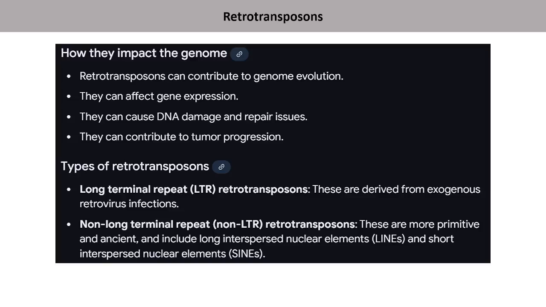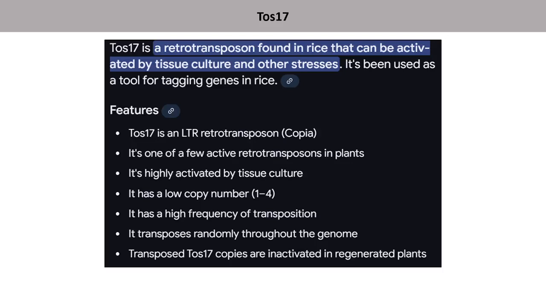They are very old kinds of retrotransposons, which include long interspersed nuclear elements or short interspersed nuclear elements. They can be called LINEs or SINEs, and these are the two types of retrotransposons. Coming back to our question, TOS 17 is a kind of retrotransposon which is found in rice, and it can be activated by tissue culture or any other kind of stresses.